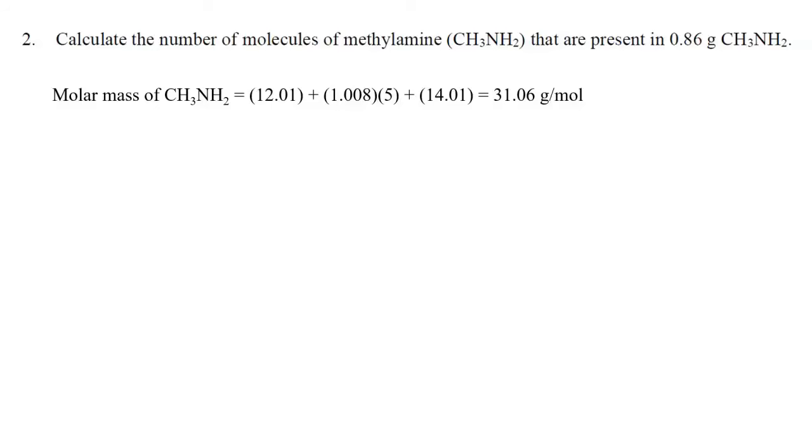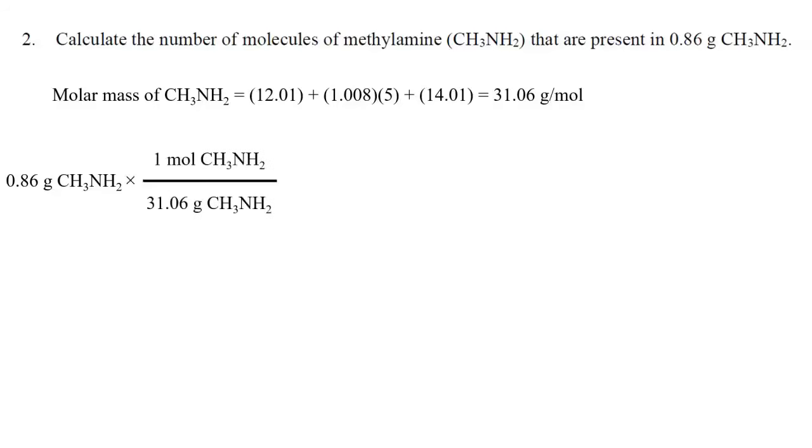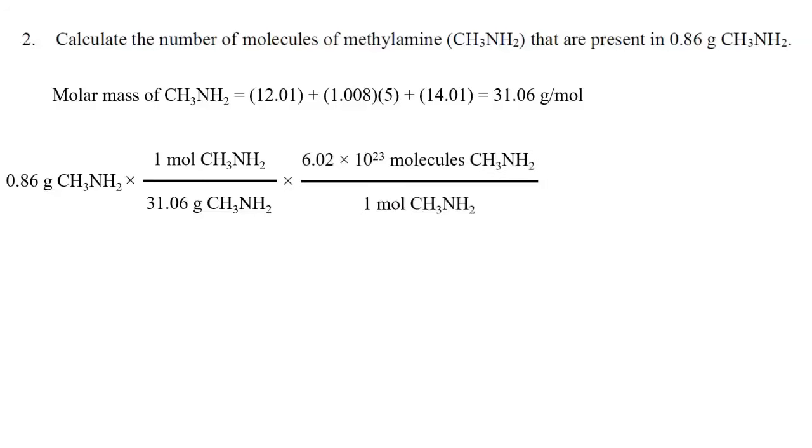31.06 grams per mole. We're going to start with grams, so 0.86 grams of methylamine. That has 2 significant figures. First, we're going to go from grams to moles using the molar mass as a conversion factor, so grams on the bottom, moles on top. And now we're going to use Avogadro's number to go from moles to molecules. So 1 mole on the bottom and Avogadro's number on the top.